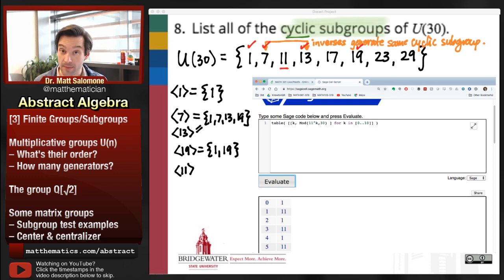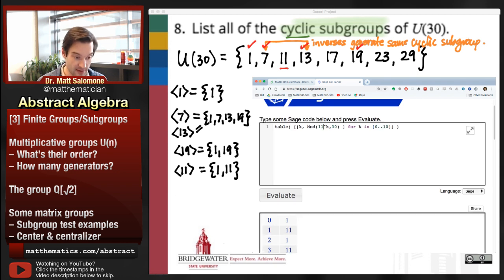After all, 11 squared, 11 times 11 mod 30, is 121, which reduces mod 30 to 1. So 11 is also an element of order 2. And therefore, the subgroup consisting of just 1 and 11 is also a cyclic subgroup inside of U30.